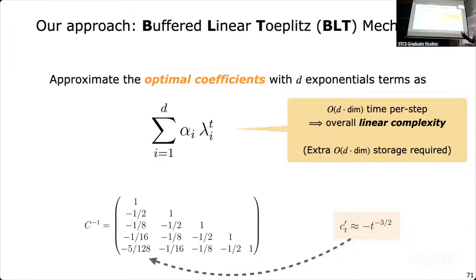Provided we can find those, we are good, because we get overall linear complexity by recursively updating everything, and we are paying an extra d times dimension. So if d is 4, your memory requirement is now the same as storing 4 gradients instead of 1, which is all right in a vast number of applications. Maybe not if you're talking about really big models, but it's a moderate cost.